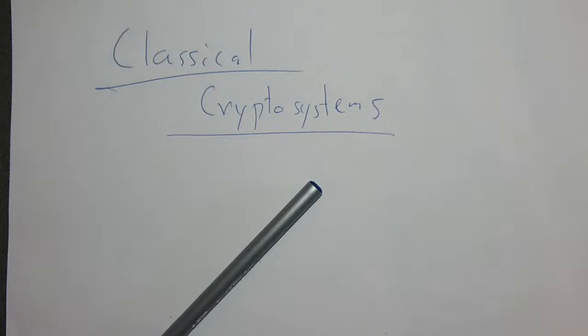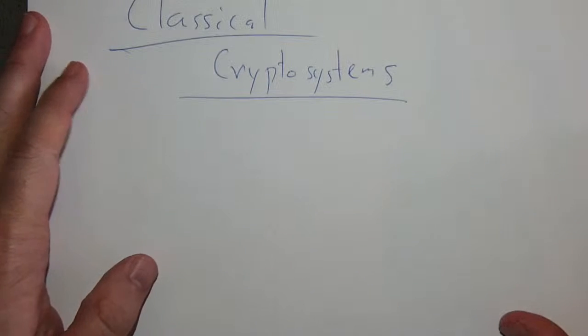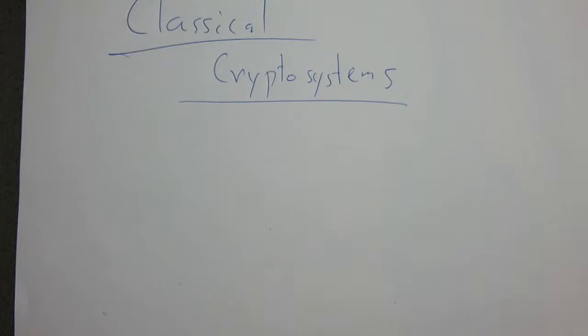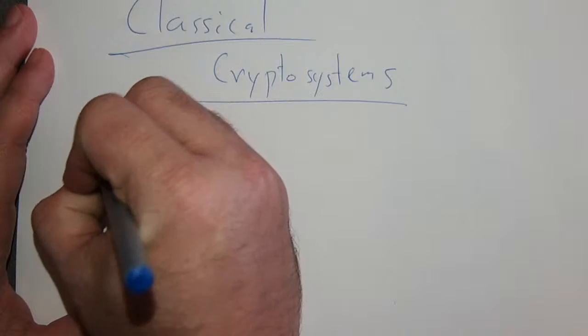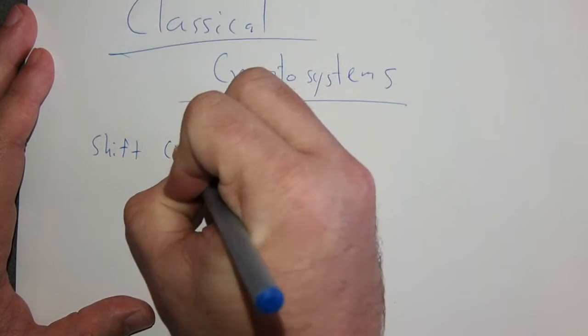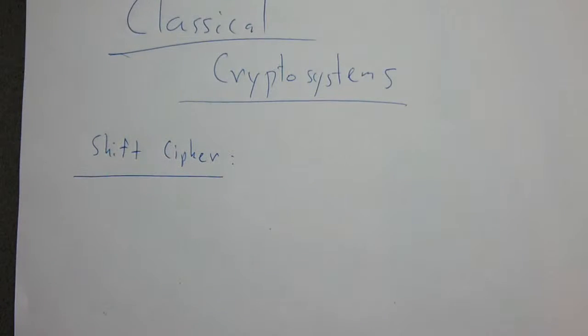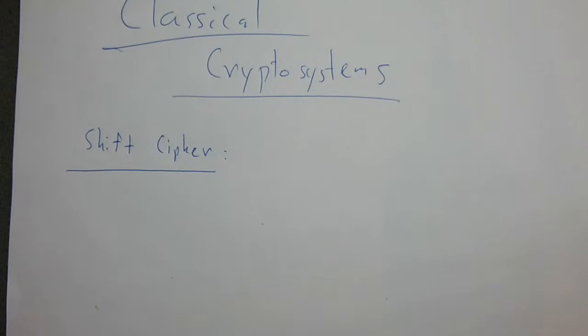So maybe I'll just start out with a specific example. The notion of a shift cipher, which you've probably heard of before. A shift cipher is one of the simplest forms of cipher that I can use.